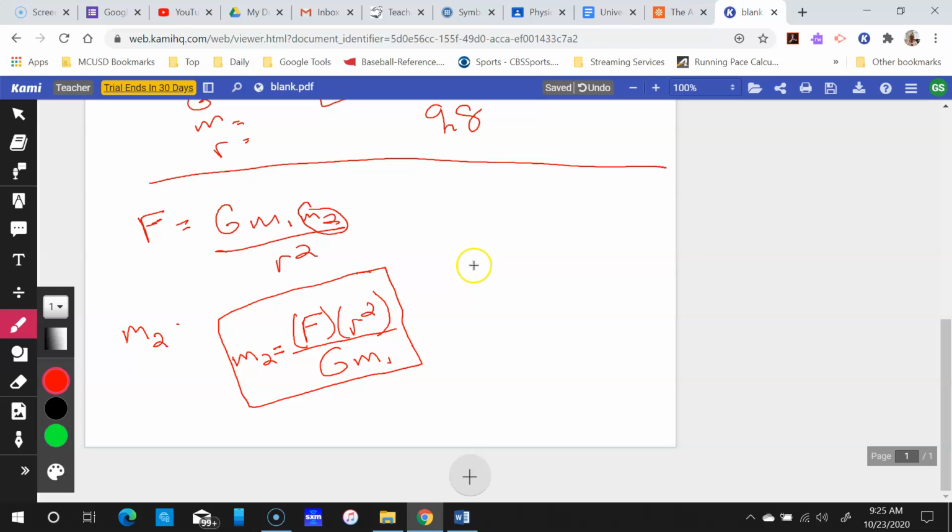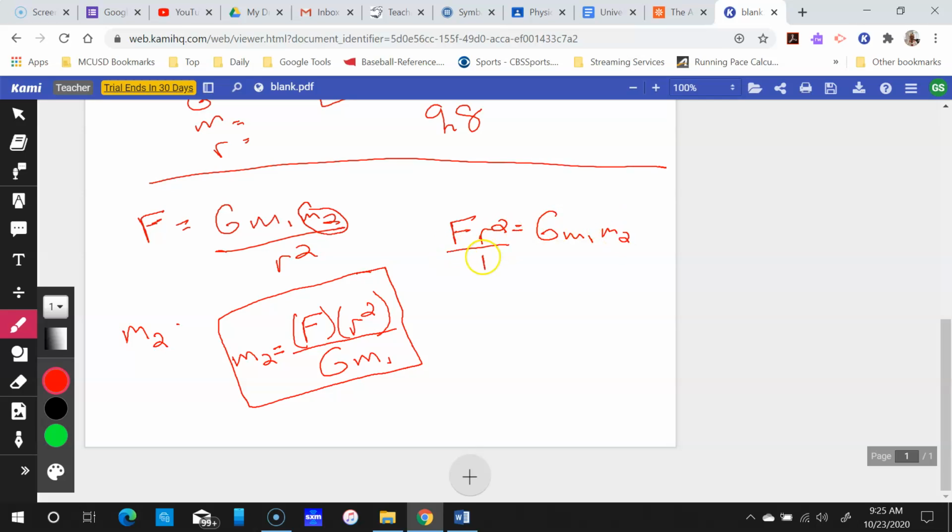Really the only other way would be if you have to solve, say, for the radius. So again, what would you do there? You would cross multiply, so you have F R squared equals G M1 M2.